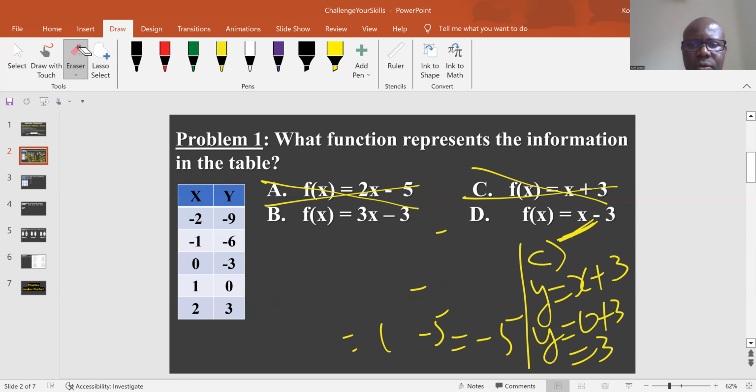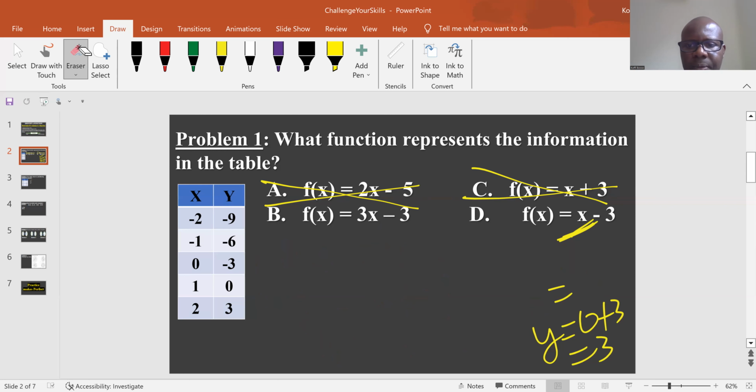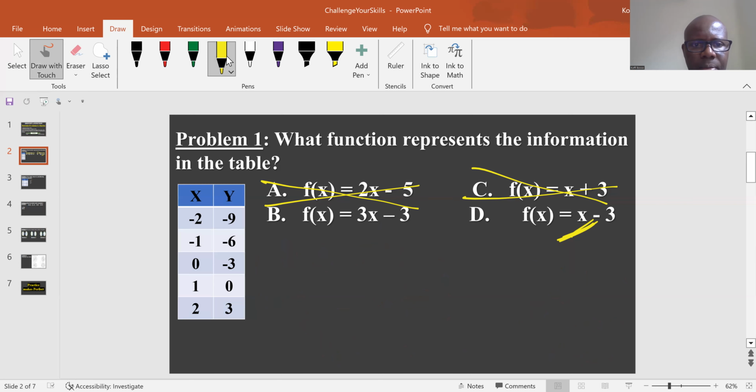For that, we're going to choose another x value. And here, I think choosing 1 will again be easier for calculation. So choosing x equals 1 and using function B, where we have f of x, which is the same as y is equal to 3x minus 3.